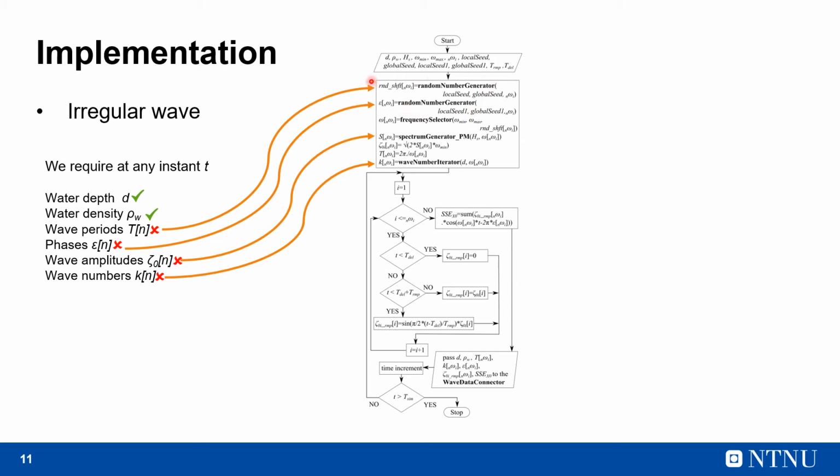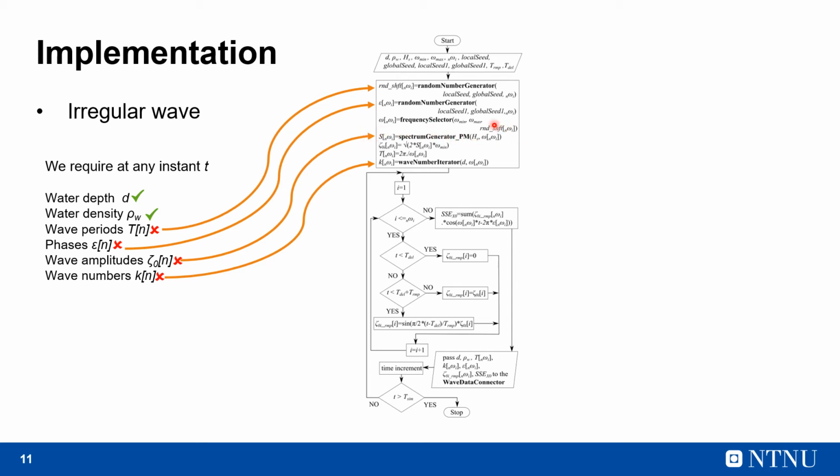Depending on the output of these random number generator functions, we can determine the representative frequencies, and once the representative frequencies are known, we can generate a spectrum for these representative frequencies. In this case, we use a Pierson-Moskowitz spectrum, where we can specify the significant wave height, and the spectrum is generated by the function.